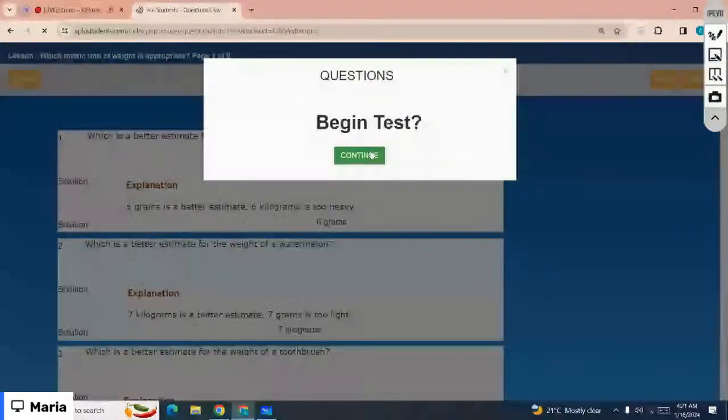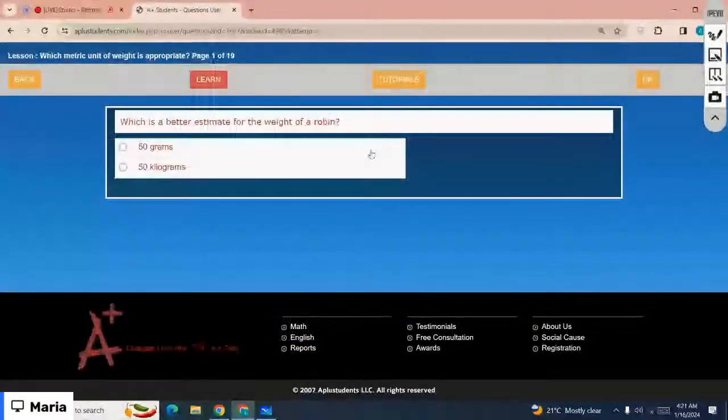Test questions. Which is a better estimate for the weight of a robin, 50 grams or 50 kilograms?